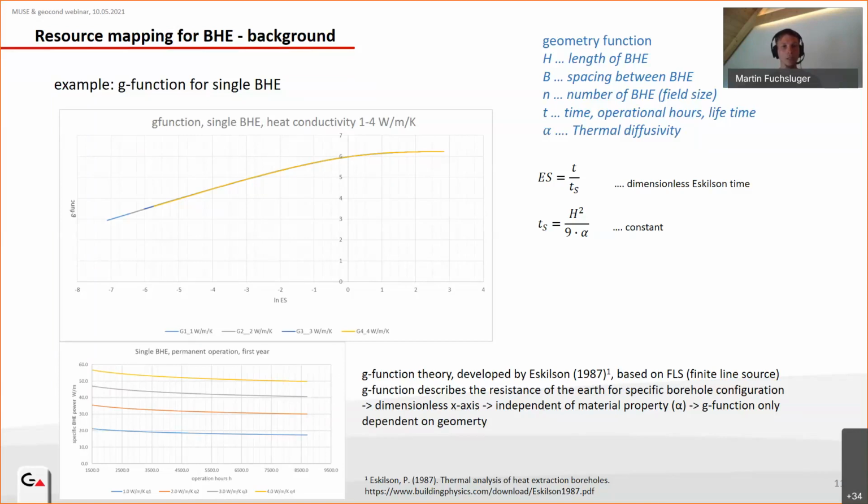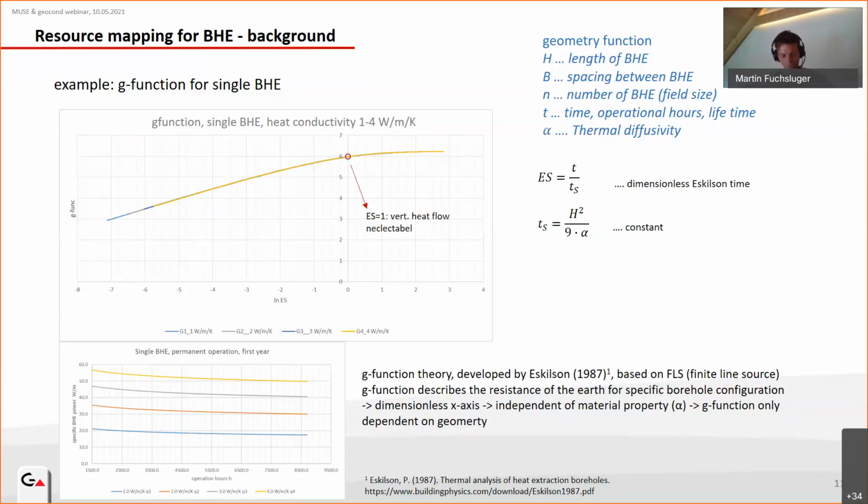When you calculate the power for different conductivities, for example, you see in the graphic, you get different power lines with the same G function because it's just shifted in time. That means with high conductivity it's much faster. The wave is much faster.